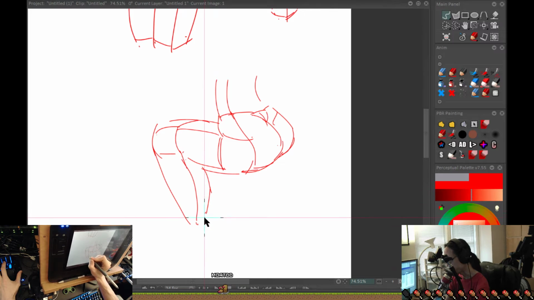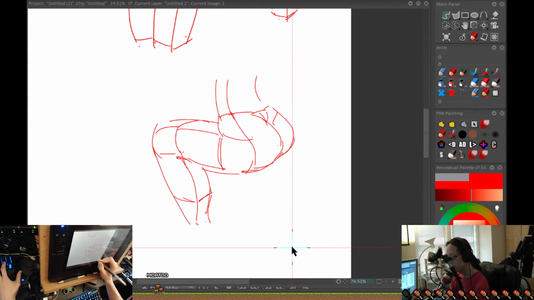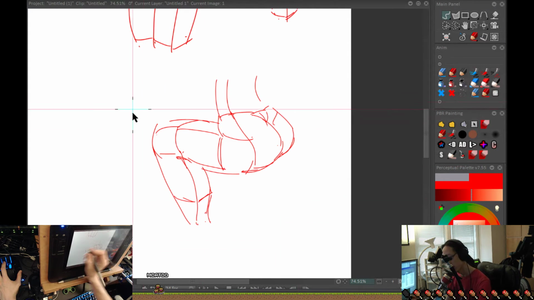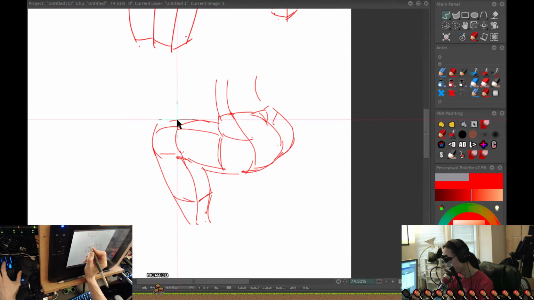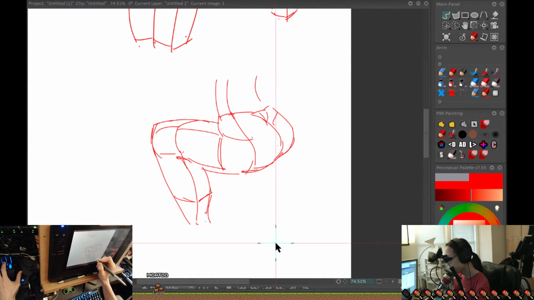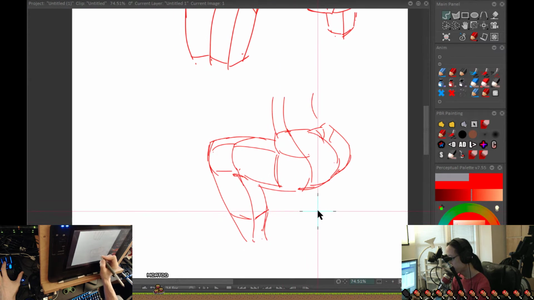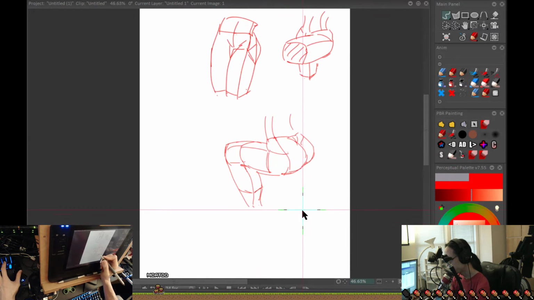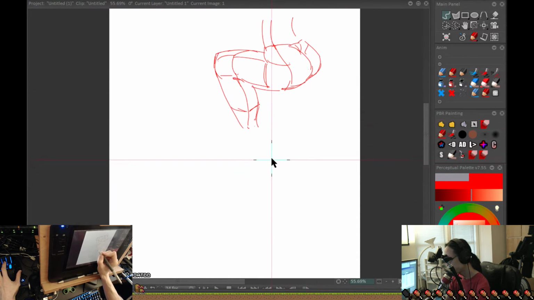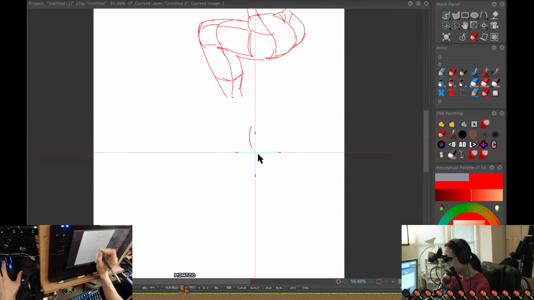I'm just doing Tetris breakdowns of that knee joint. I guess there we go. And again, let's draw the same, starting with the same waistline.